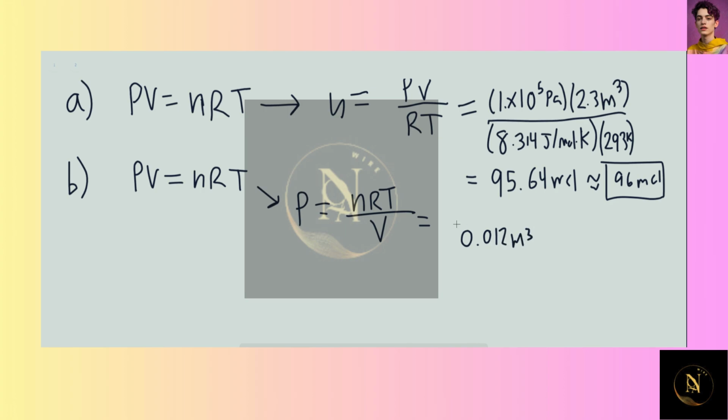So the volume of the tank in meters cubed is 0.012. Number of moles we assume is 96, because that's given in part B. Once again, the gas constant 8.314, and a temperature of 293 Kelvin, or 20 degrees. And we end up with about 1.9 times 10 to the 7 Pascal.